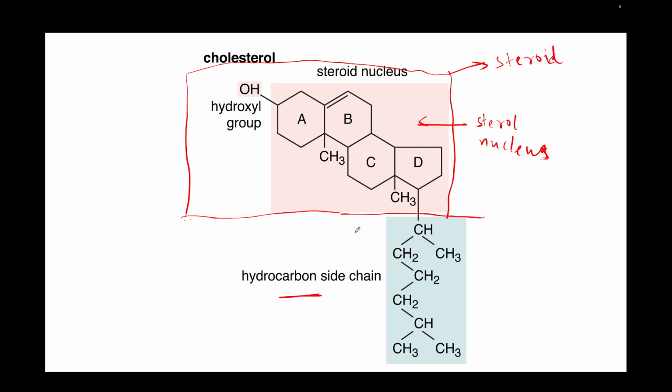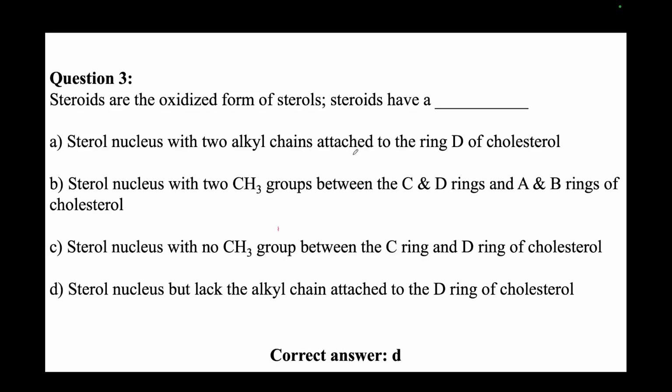So sterols are basically oxidized forms of steroid. Okay, steroids are oxidized forms of sterols. This is clear. So steroids have a sterol nucleus, but they lack the alkyl chain that is attached to the D ring of the cholesterol.